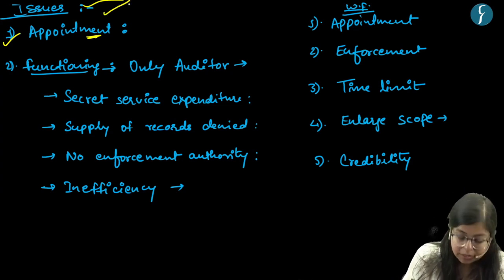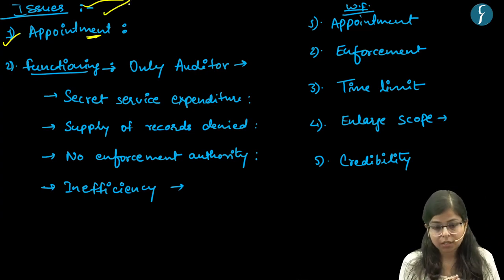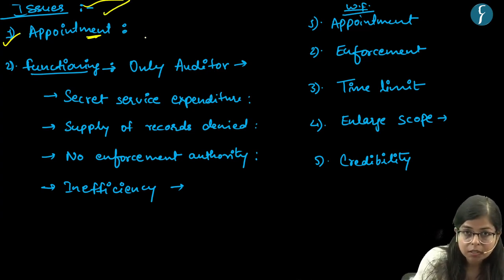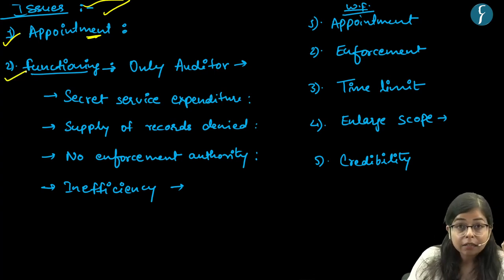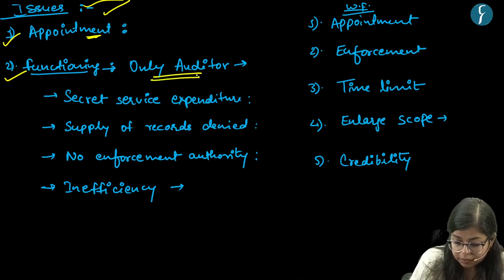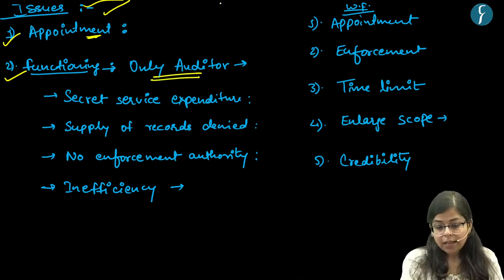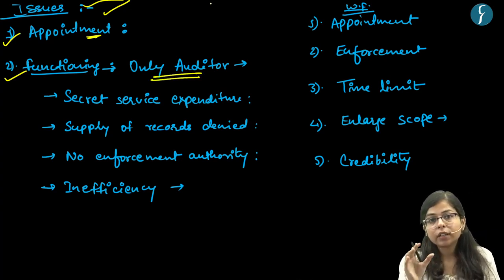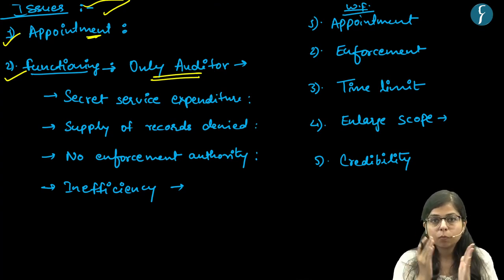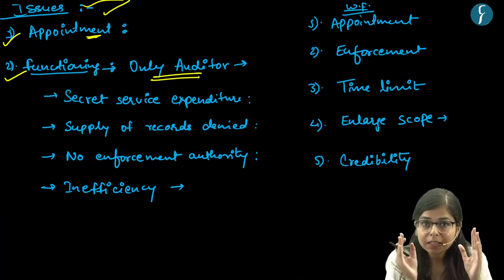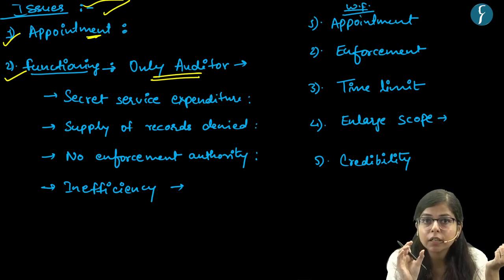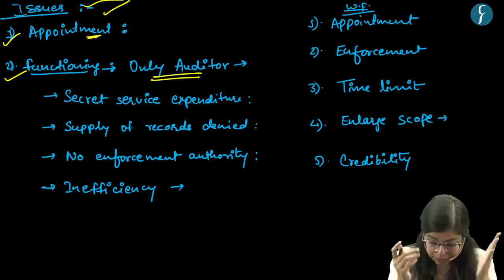So the first thing is regarding the appointment of the CAG: there are no specific procedures regarding it. The second issue is regarding the functioning of this body. Now let's understand this. CAG, as the name says, is Comptroller and Auditor General of India. But the post of CAG in India is only that of Auditor General. He is not Controller. What does this mean?